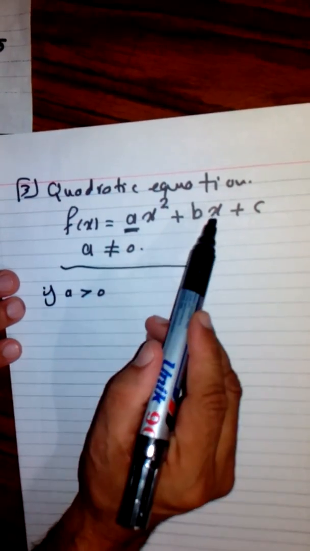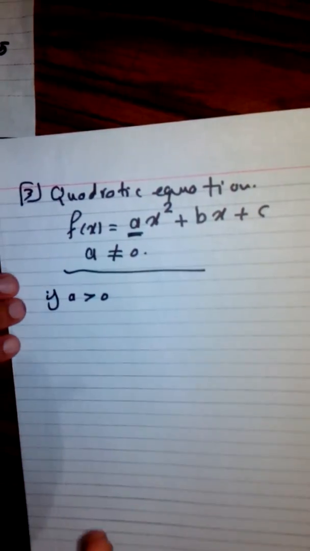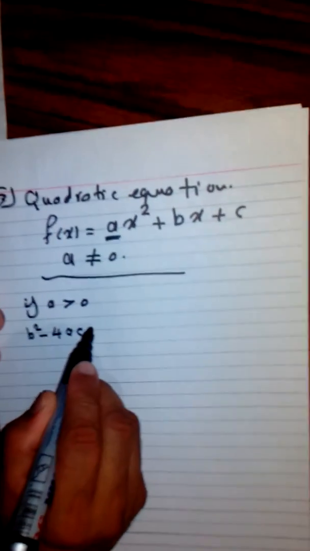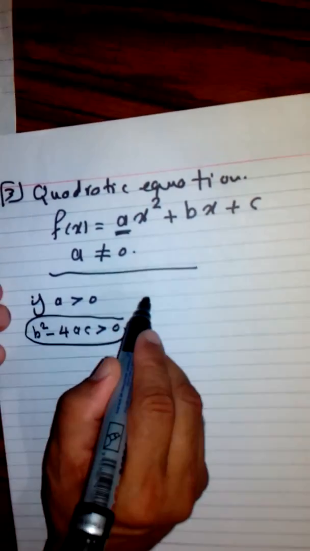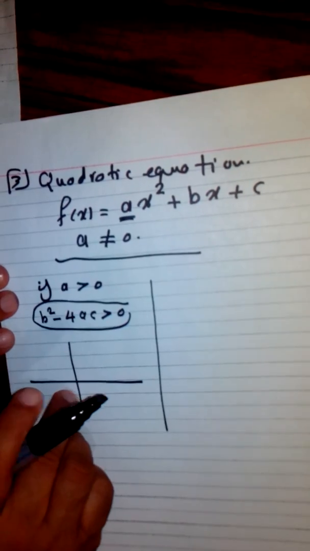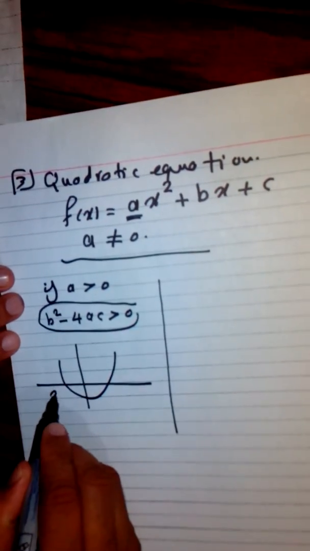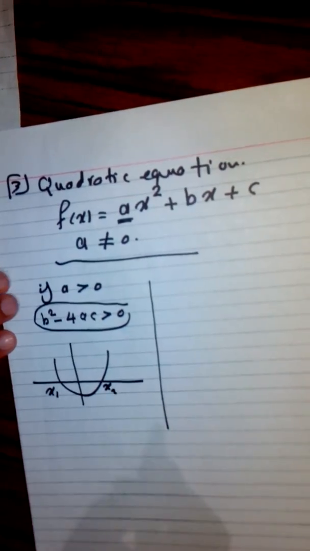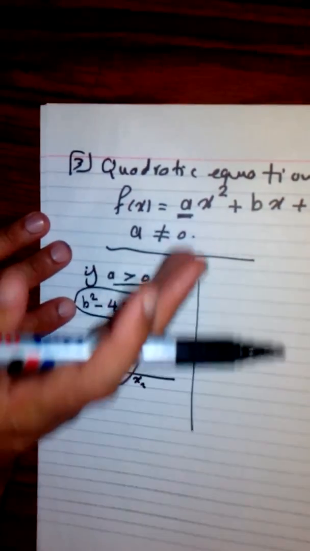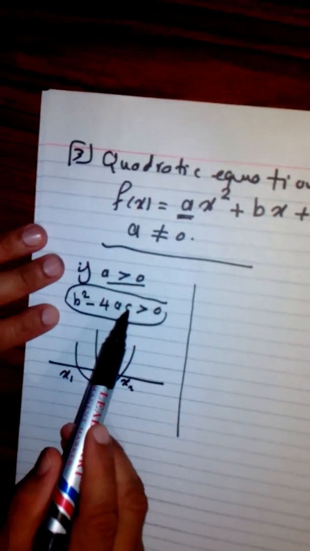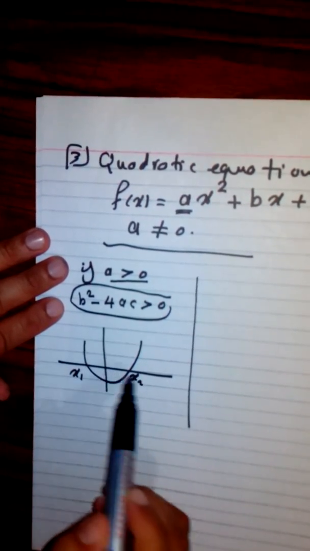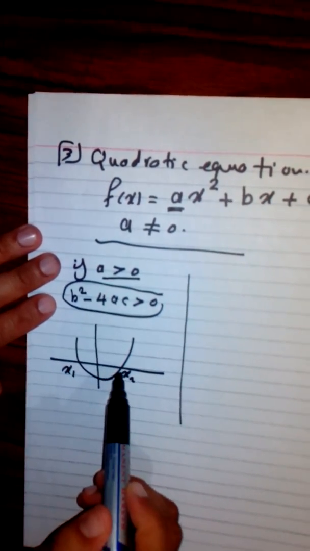If a is greater than 0, the curve opens upward. If b squared minus 4ac is greater than 0, then the curve intersects the x-axis at 2 points, x1 and x2.